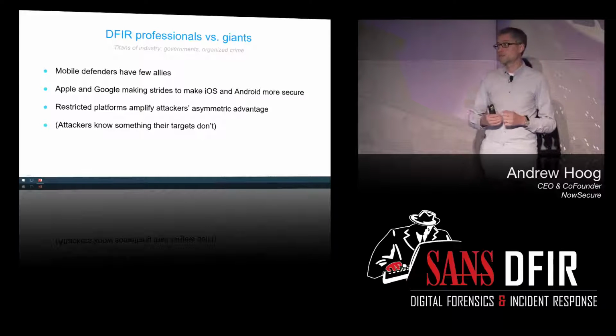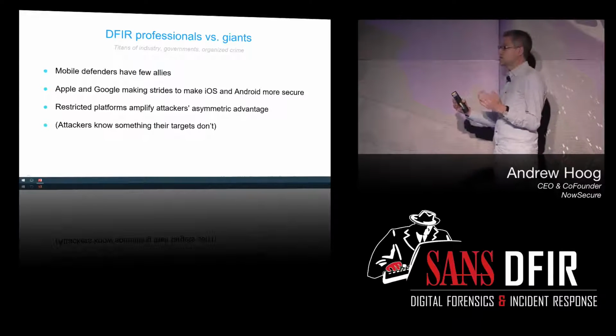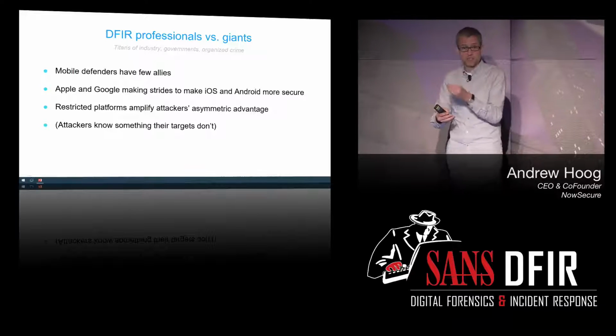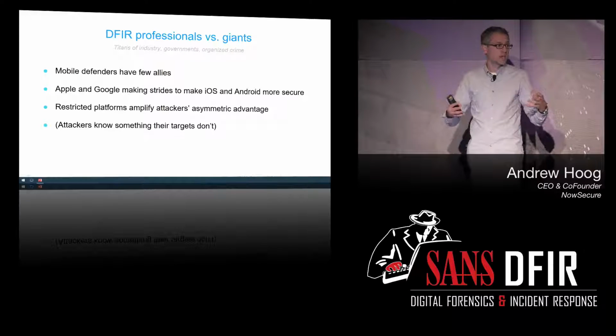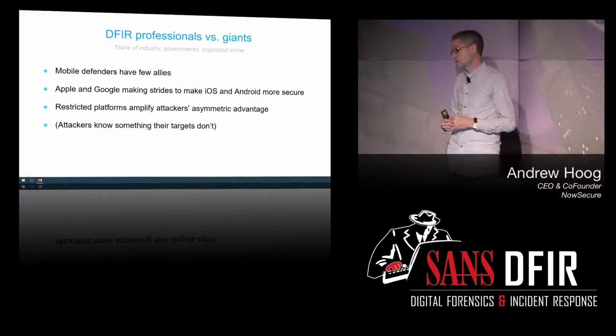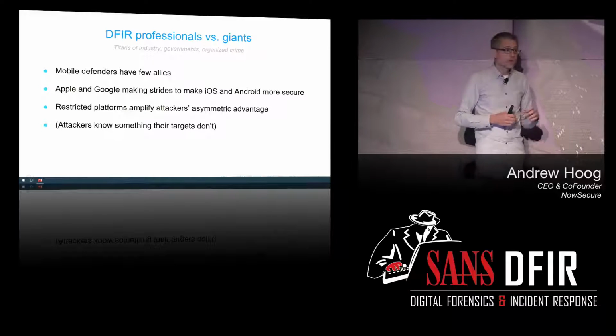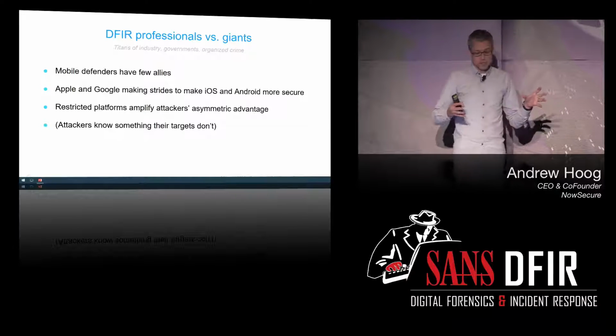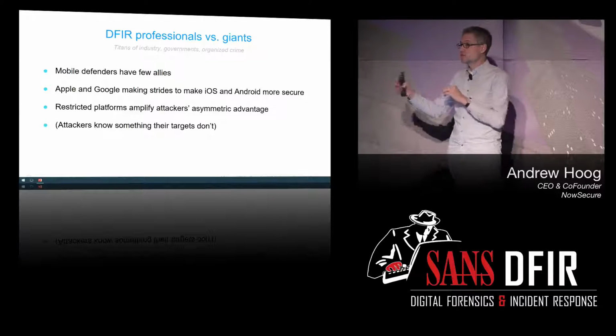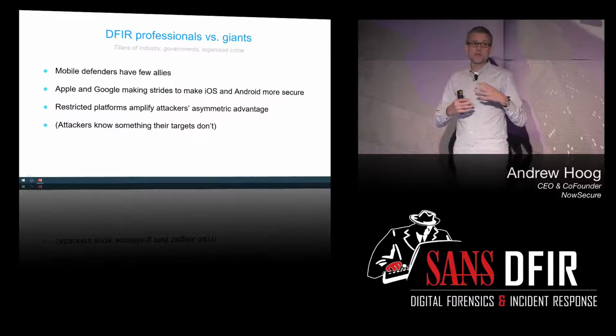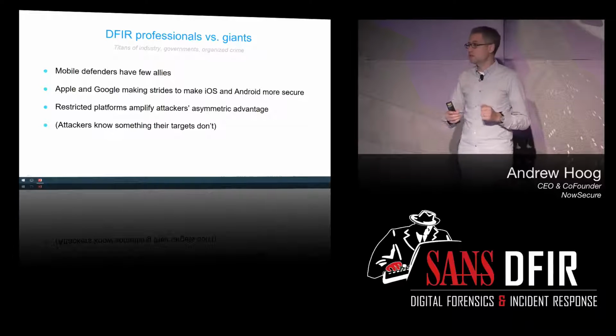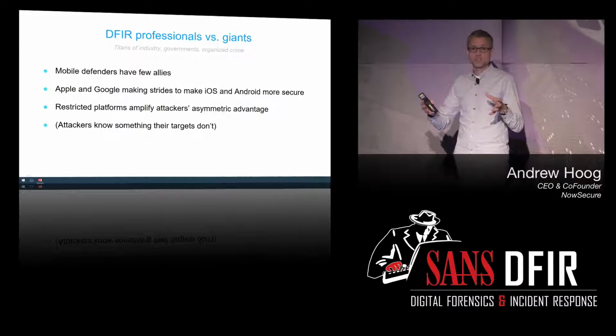I didn't get to see Sarah's talk this morning. There's a lot of information sitting on the device that you might be able to see some of in the UI, and you simply can't get your hands on that as an incident responder. And so the challenging part is that attackers can go jailbreak their device. They can go out there and use the emulator. And so they can begin to find flaws in the system.